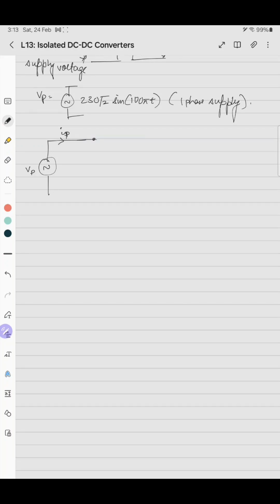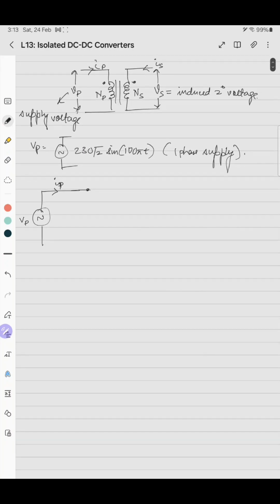The very first thing is the principle of induction: the voltage across its secondary or output terminal is due to the electromagnetic field, which means the core on which the transformer is wound has to be magnetized. The electrical component that is representative of the magnetizing current, or the current drawn for magnetizing the core, is denoted by a very big inductance known as Lm, and this is the magnetizing current Im.